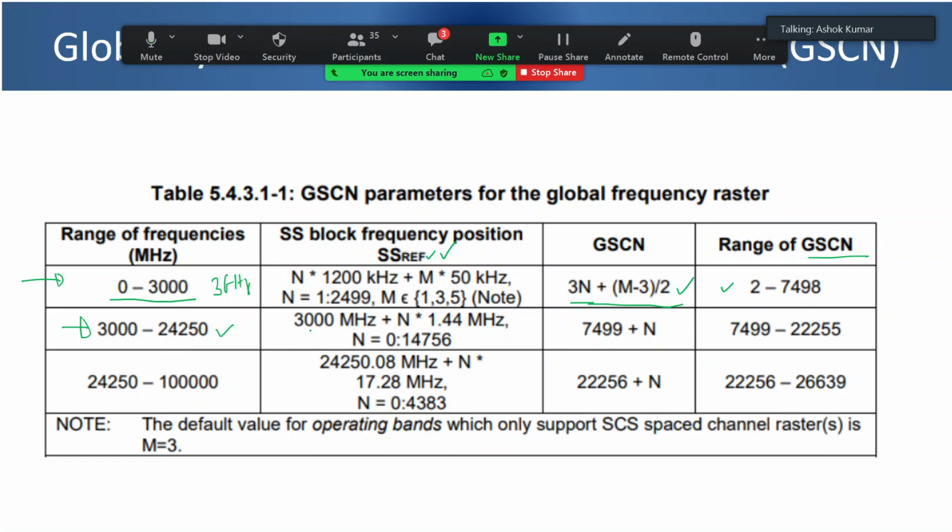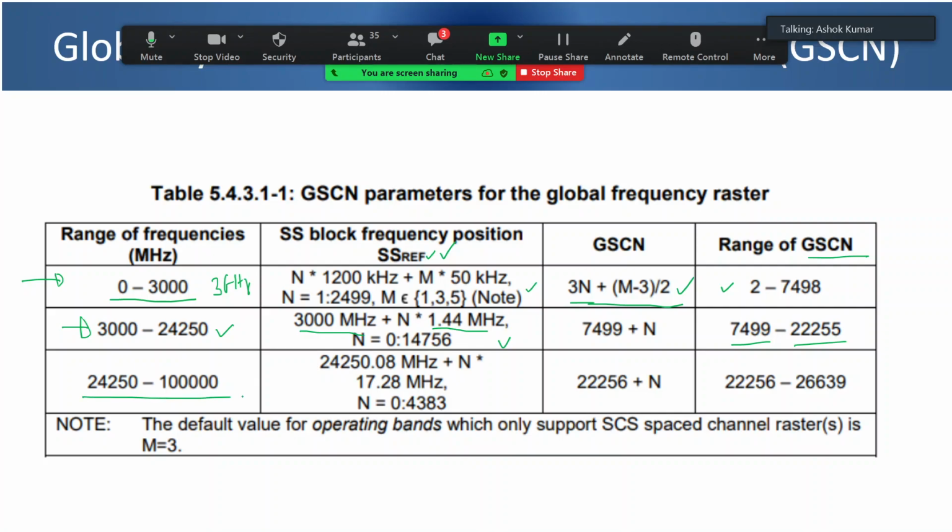If you go to the higher frequency bands from 3 gigahertz to 24.2 gigahertz, it becomes fairly simple. Starting from 3 gigahertz, they are just adding 1.44 megahertz in each step, and that becomes your reference frequency. Your channel number is also sequential, starting from 7499 up to 22255. So it is straightforward. The complexity is there in the lower band only.